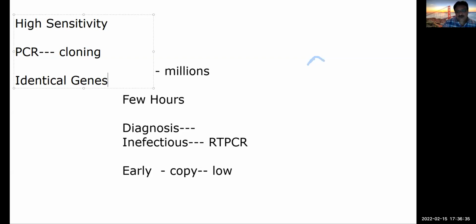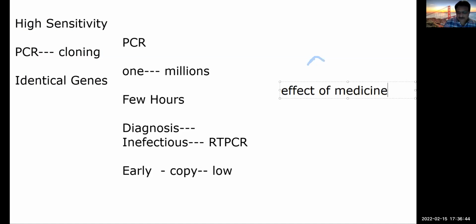The second is to look at the effect of medicine. For example, let's say somebody had COVID one week back, and now that person is fine and wants to travel. To make somebody safe for traveling or for an appointment, one can go back to RT-PCR to get positivity or negativity, to rule out infection.